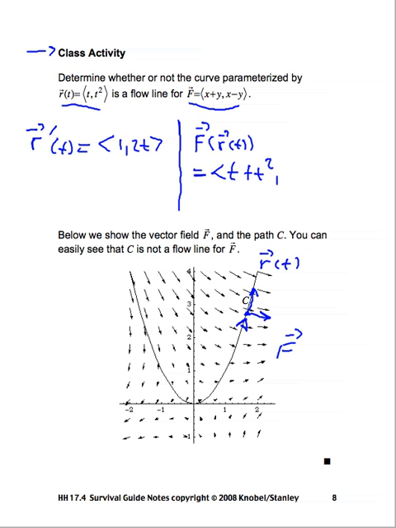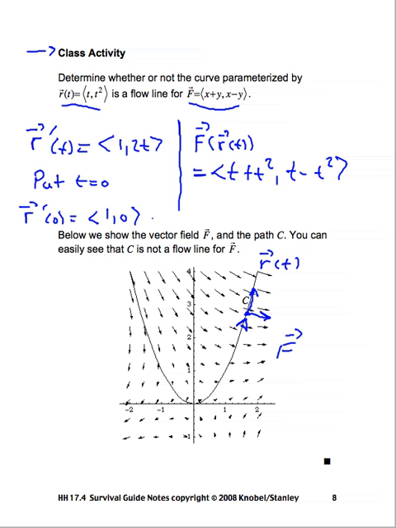X is t, y is t squared, and then x minus y, t minus t squared. And to show that this is not a flow line, you just have to find one value of t. So let's just put, for simplicity, t equals 0. And then you can see that r prime of 0 is equal to 1 comma 0.